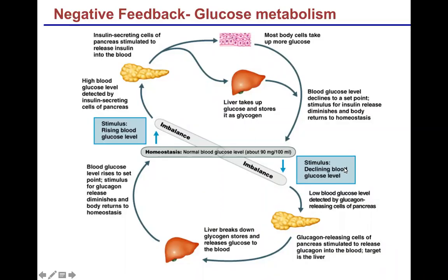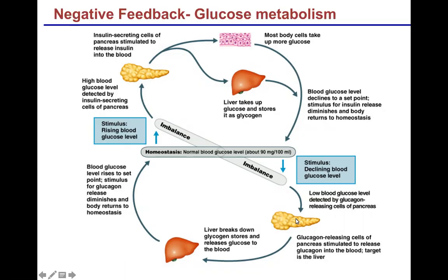The other is, suppose you are fasting, okay? In the morning, you forgot to have your breakfast, your class started again, then you forgot to have your lunch, or you didn't have time to have lunch. Now your glucose levels are going down. When they are going down, the blood glucose level is low.